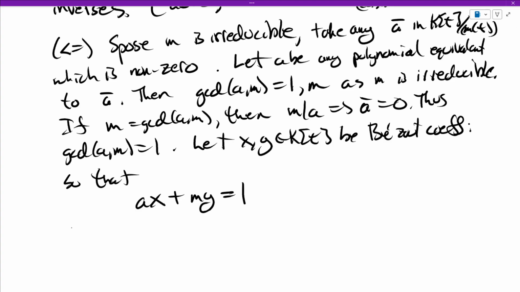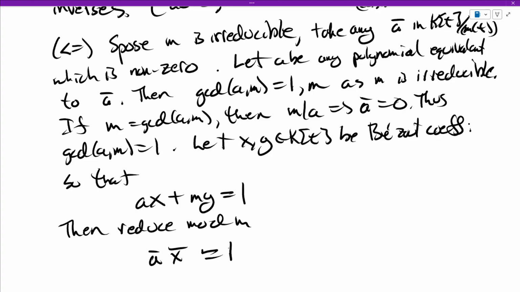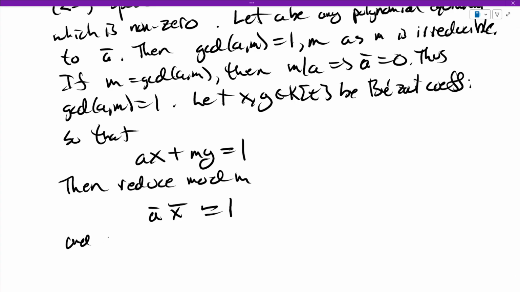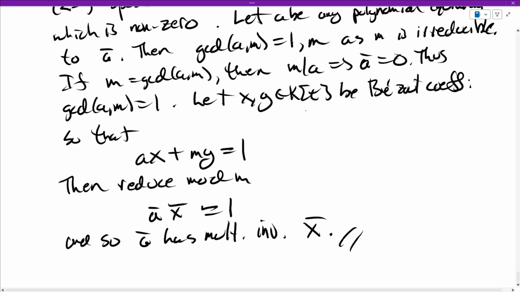Now let's reduce mod M. So we're going to get A bar times X bar, the MY goes away, equals 1. And so A bar has multiplicative inverse X bar. Nailed it. All right.